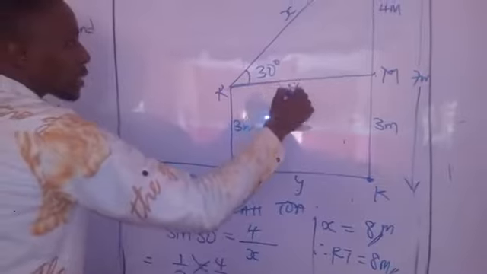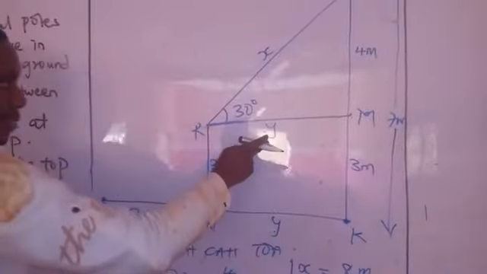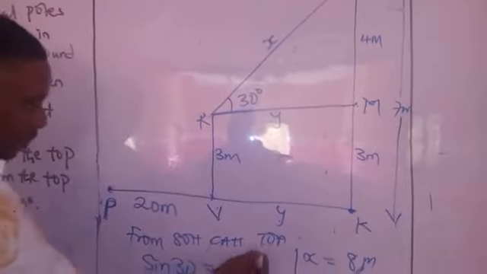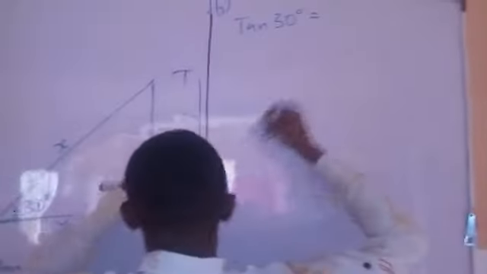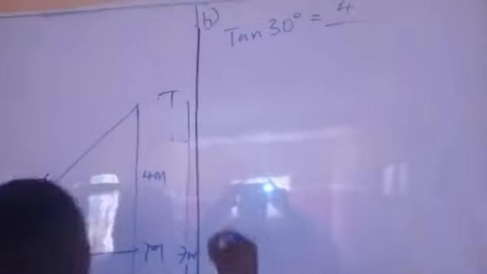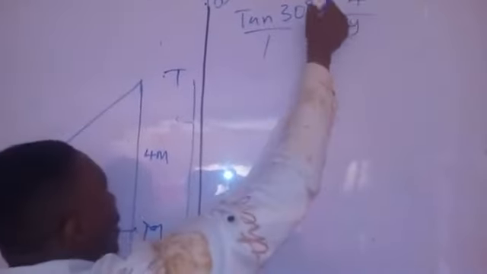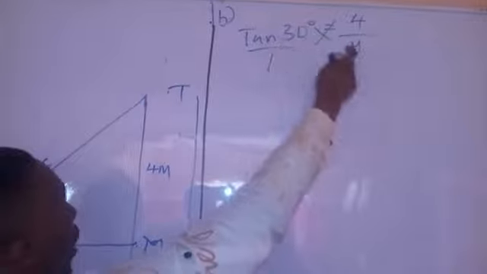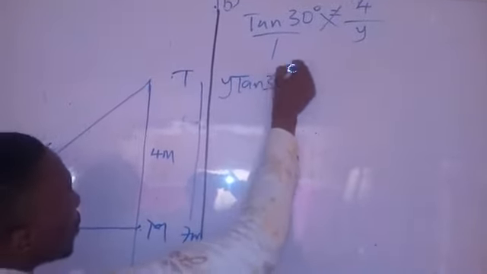Since we want to get our Y, we can use opposite and adjacent, which is tan. Tan is opposite over adjacent. So we say tan 30 degrees is equal to opposite, which is 4, over adjacent, which is Y. When you cross multiply, Y times tan 30 degrees is equal to 4.